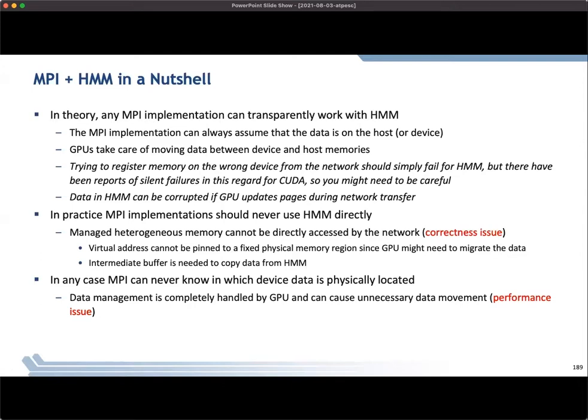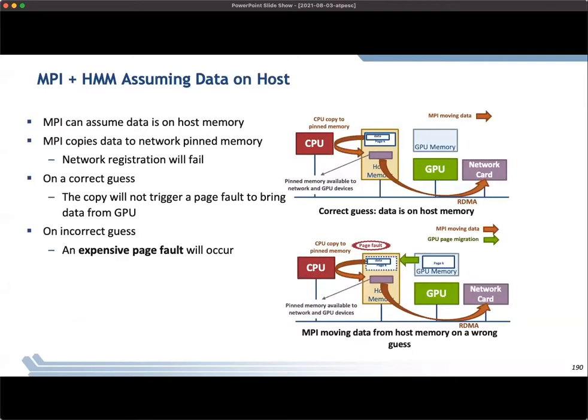For example, if the page is on the GPU, when doing communication it will first pay the page migration cost from the GPU to the CPU before it can be sent over the network. So that's not recommended. MPI can practically use this, but it's not recommended. Like I said, depending on how MPI assumes the location of the data, there's overhead of page fault and page migration associated with that.